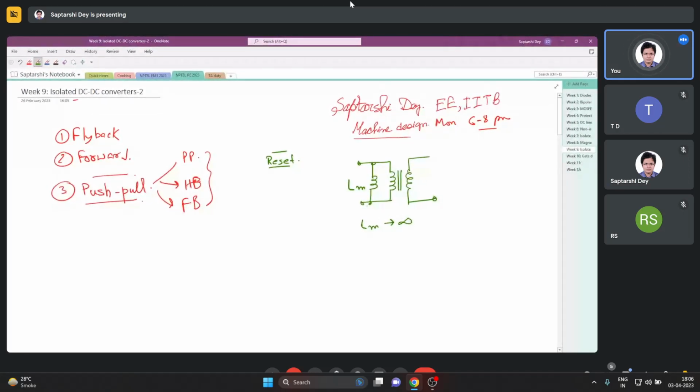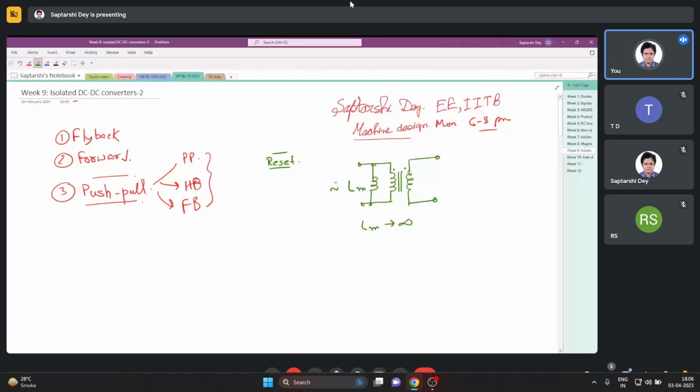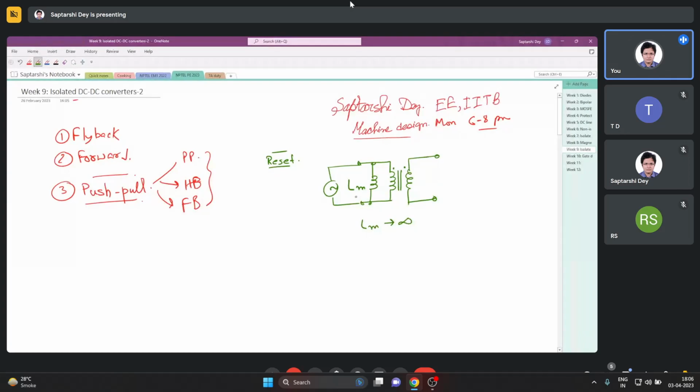In other words, it doesn't draw any magnetizing current from the supply. That is, if you have an ideal transformer like this, and if you connect it to an AC source in this fashion, and if the secondary is open circuit, this will not draw any current from the source.